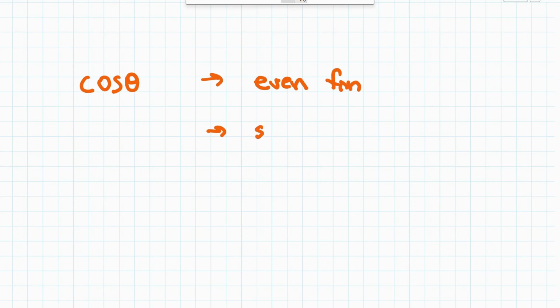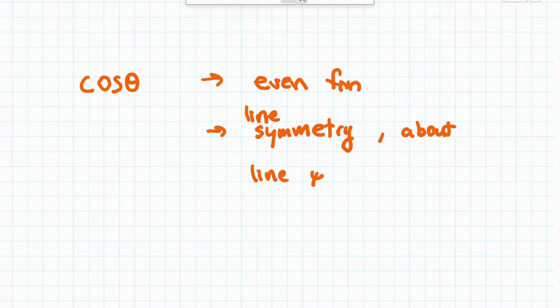So let's look at cos theta, for example. If sine theta was an odd function, do you have any thought about what cos theta could be? Cos theta is in fact an even function. So even functions have symmetry, and in particular, they have line symmetry about the line x equals 0.